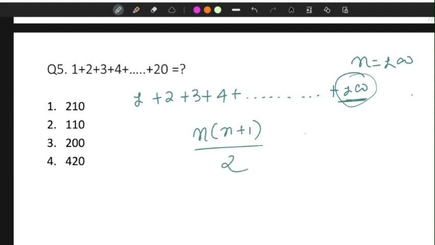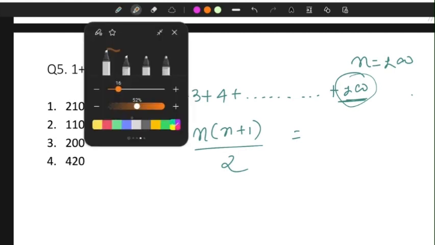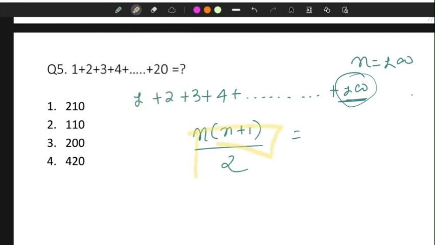Here n will be 100, that is 100 into 100 plus 1 divided by 2. In this way you have to solve the answer for the given question, and this is an important formula. Please make a note of it. This is important. Moving on to the next question.